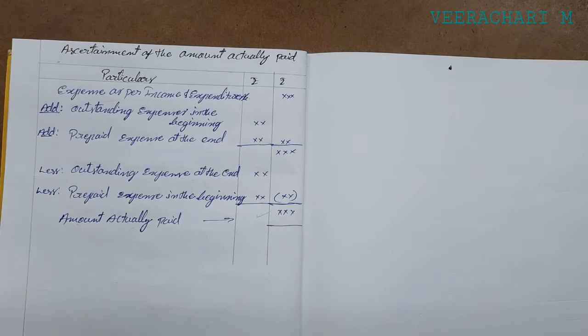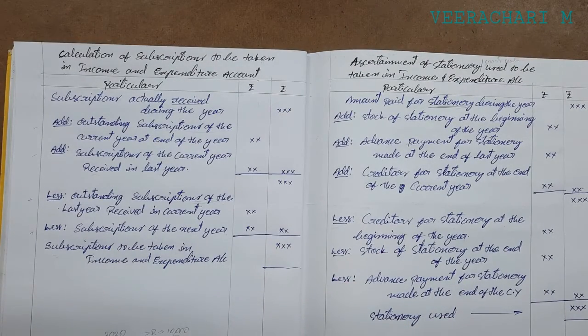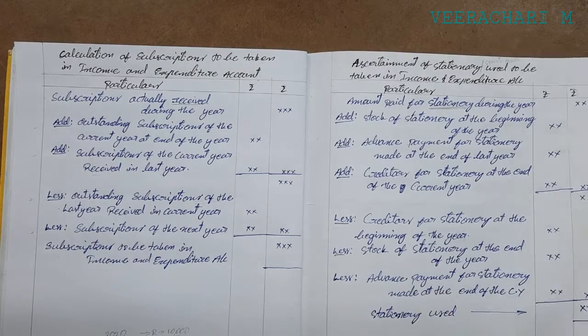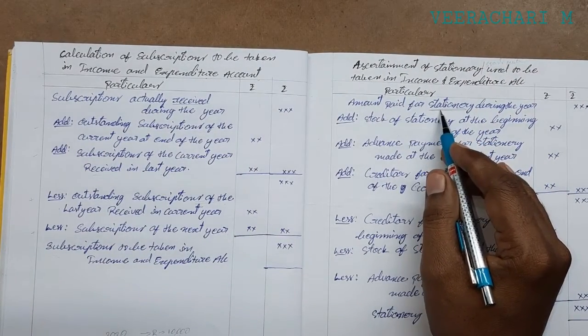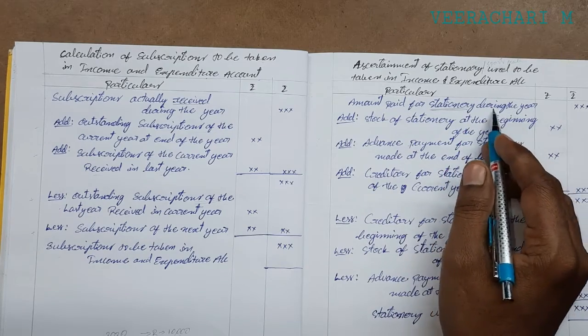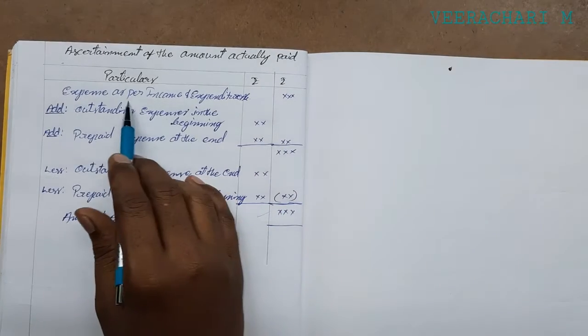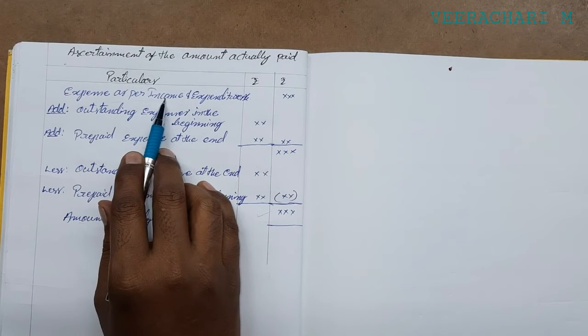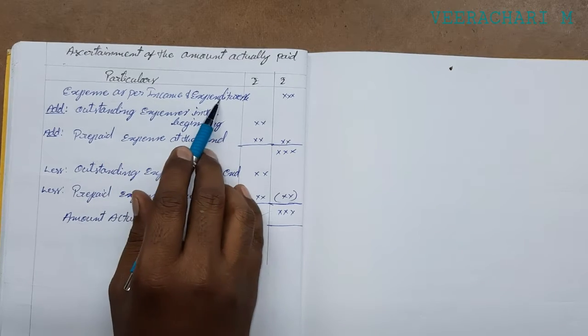That is quite the reverse of the ascertainment of stationery. There we calculated the amount paid for stationery during the year to get stationery used, that is the expenditure debited to the income and expenditure account.